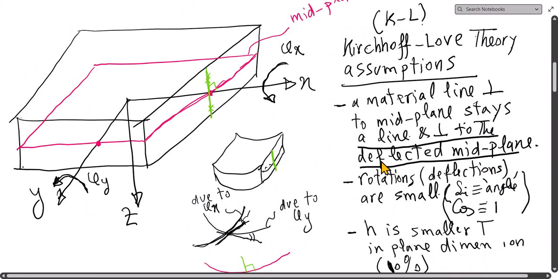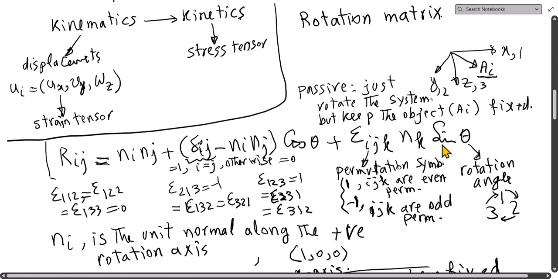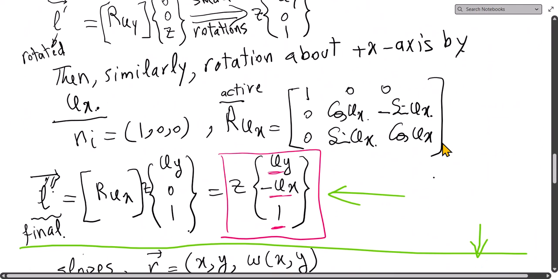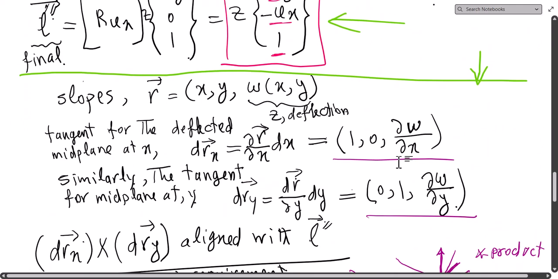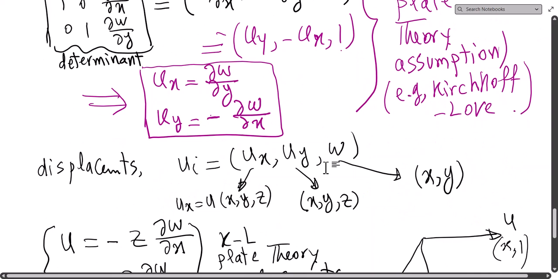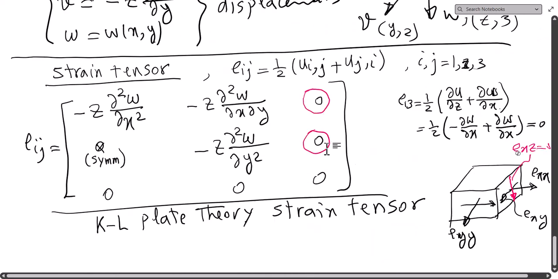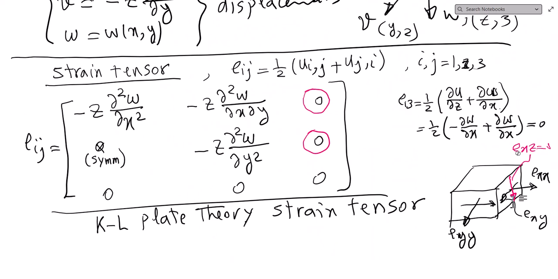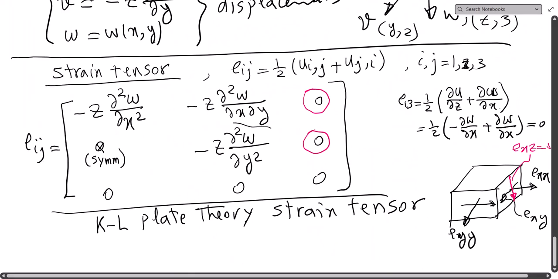These are the assumptions. Based on these assumptions, we have worked out systematically and rigorously the kinematics, the displacement field, and the strain field. Shear strain is absent, at least one of them, the red one. The other one, which is EXY, is not.